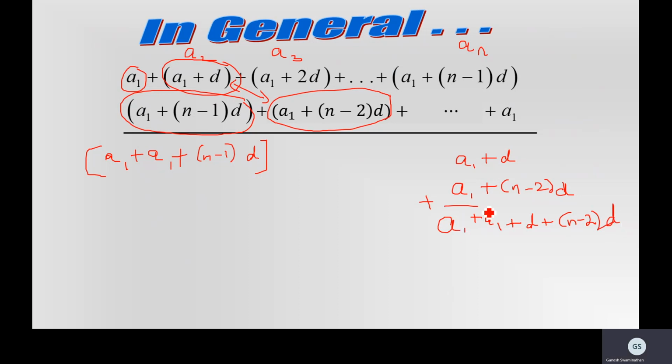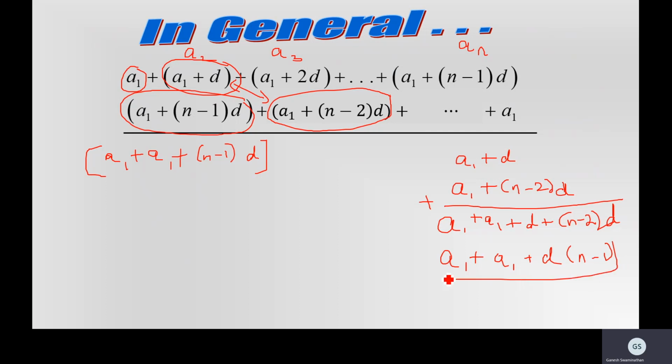Now I can just simplify this with respect to d. So a1 plus a1. Why did I not combine this? I can see that I want something very similar to this term. So I'm just going to simplify d. When I take d as a common factor, this is going to be 1 plus n minus 2, which is nothing but n minus 1.